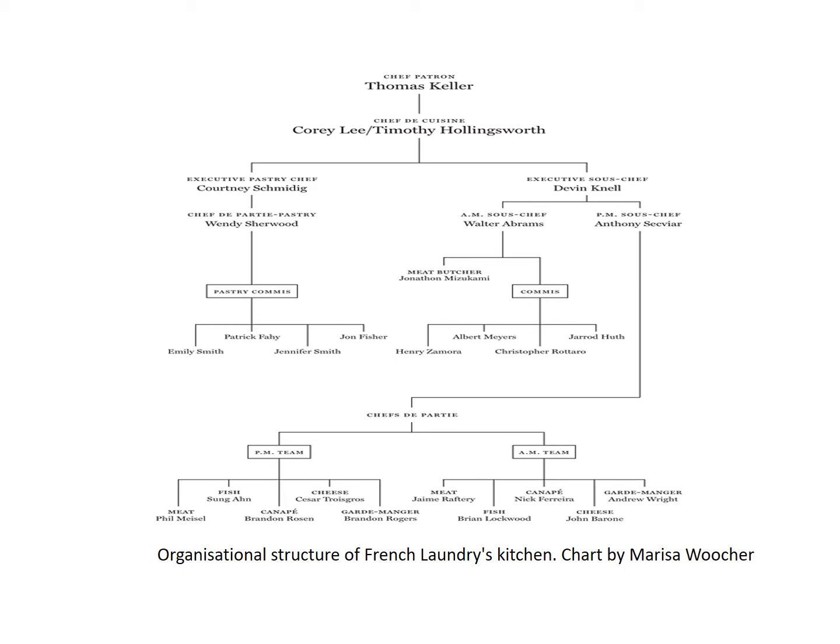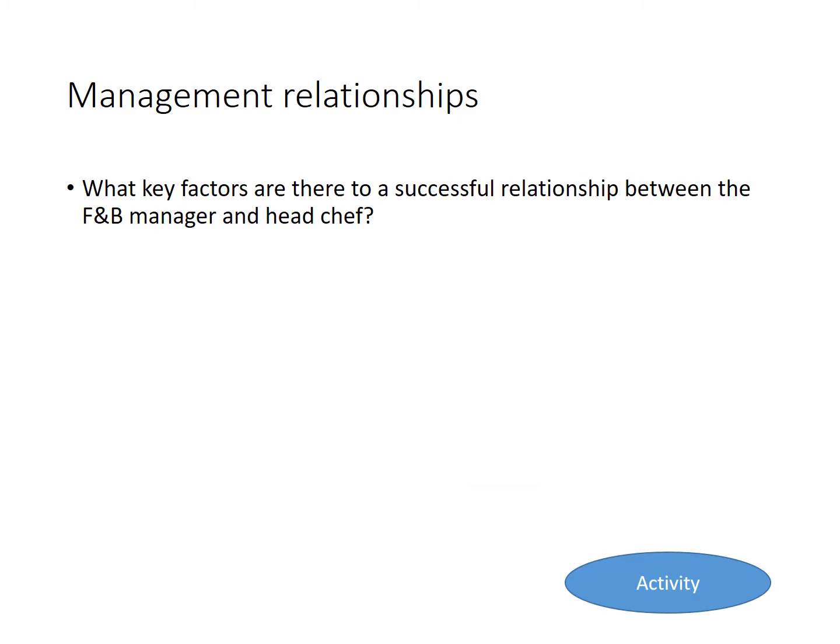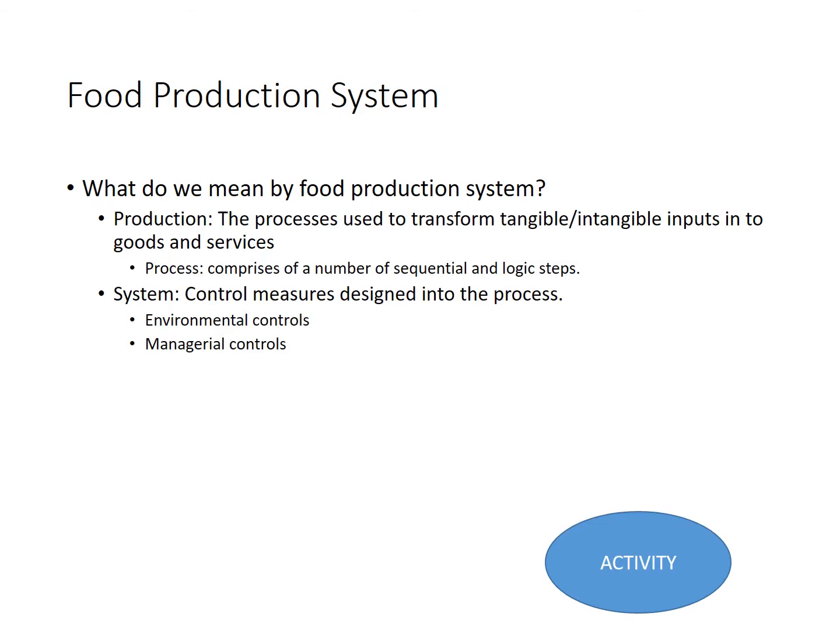So again, a big restaurant which shows the different organizational structure and the amount of different people that is required to give the right quality of foods, working in different sections, all combining together to make the finished product for the end consumer. So management relationships, what key factors are there to successful relationships between the food and beverage manager and the head chef?